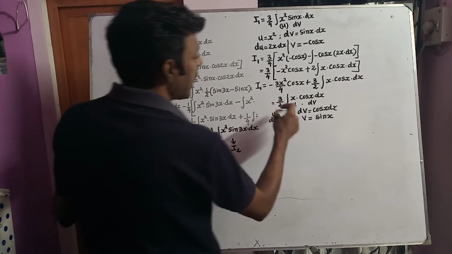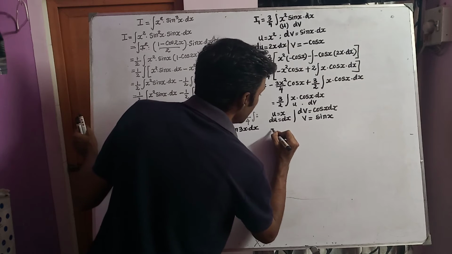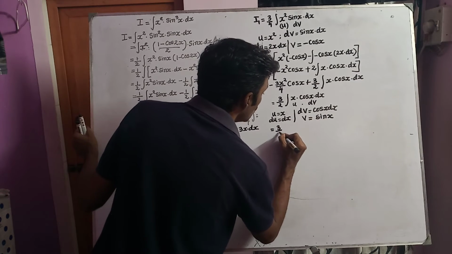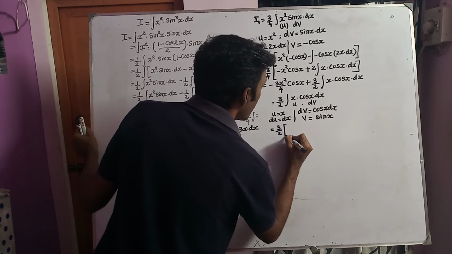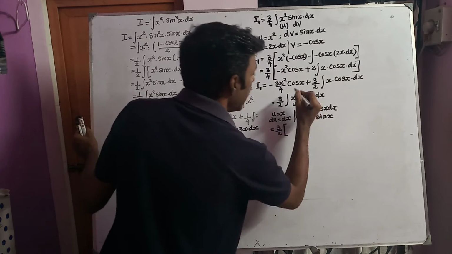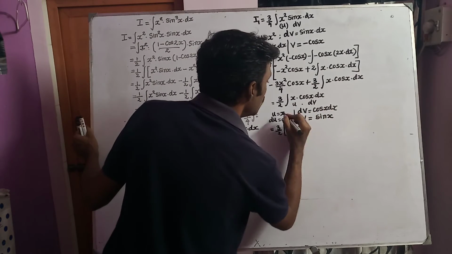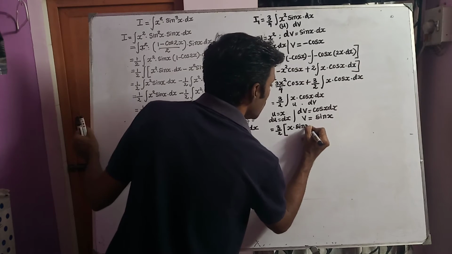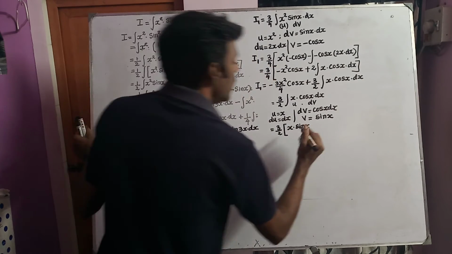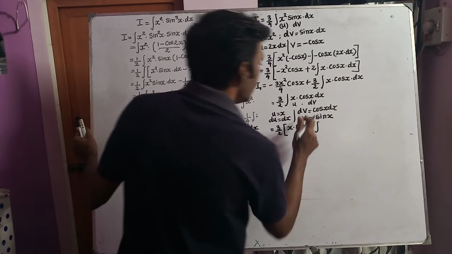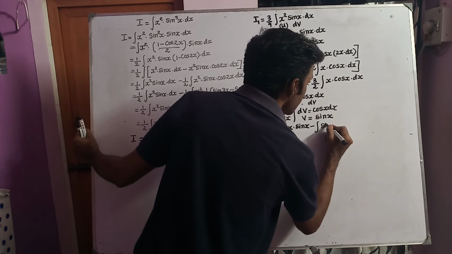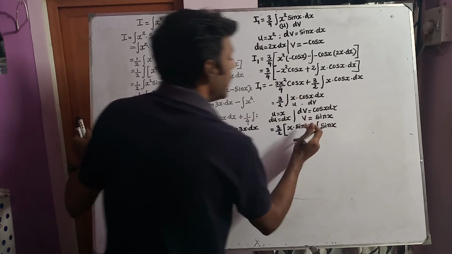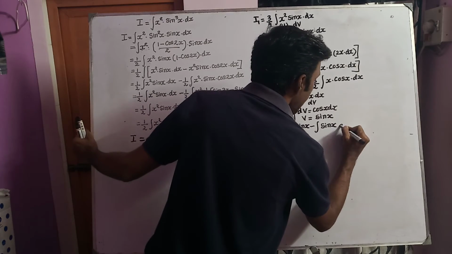Now I am going to apply integration by parts. So that will be equal to 3 divided by 2 of this part, upon integration by parts, I'll be getting u into v, that is x into sin x, minus integral of v into du, which is sin x dx.